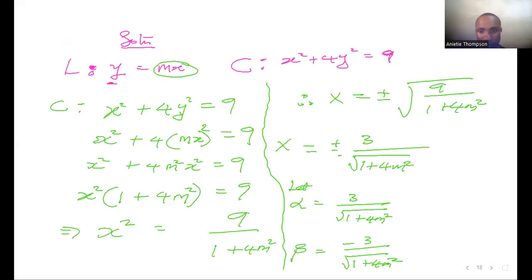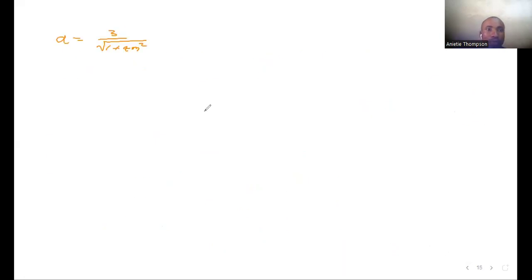I believe that's true. Then beta equals minus 3 all over the square root of 1 plus 4m squared as well. We'll substitute it into our y equals mx and see what the value will be.